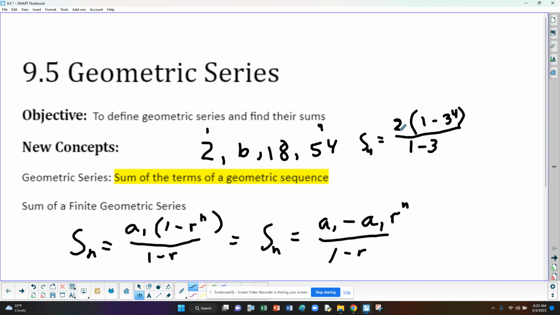Just using a calculator to find that sum, I would put those in and be able to find the sum of those 4 terms, which by hand you'd get 80, but you'd be able to find that also using this formula. So let's try a couple. We'll head on to our first problem.